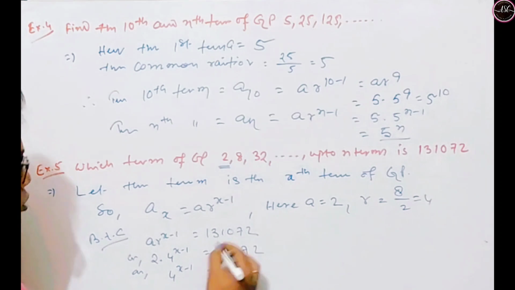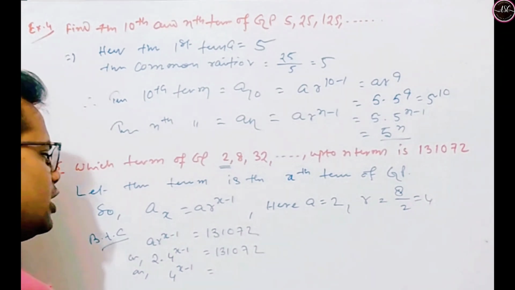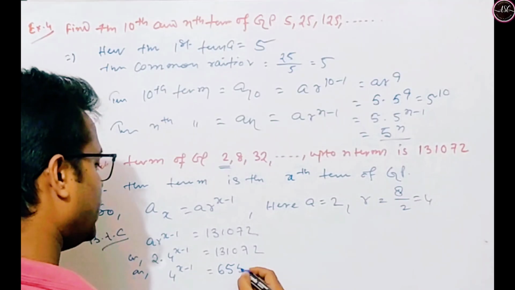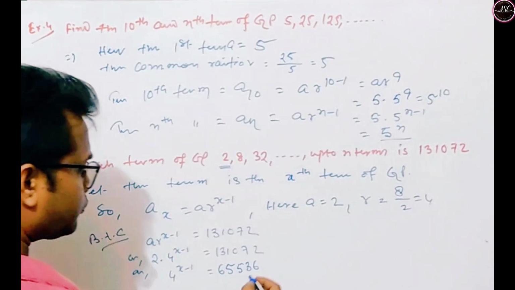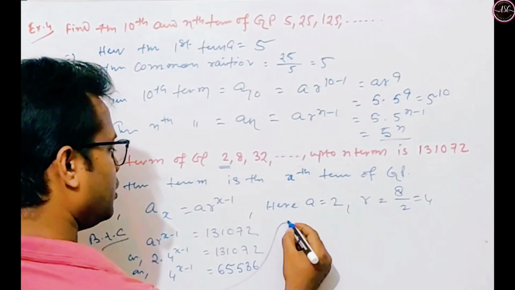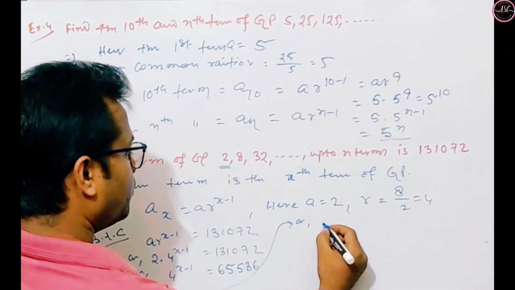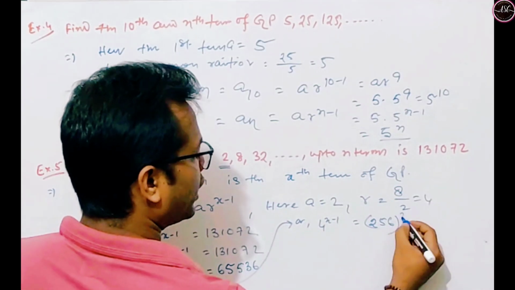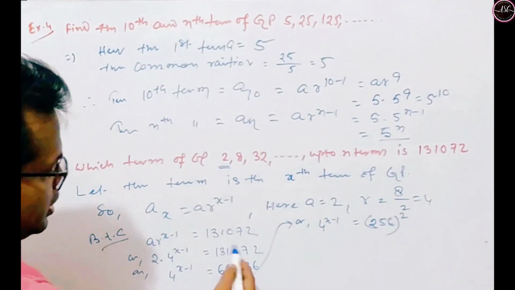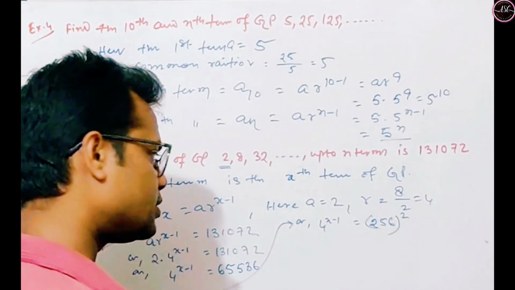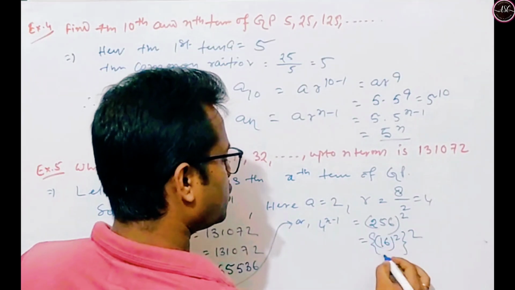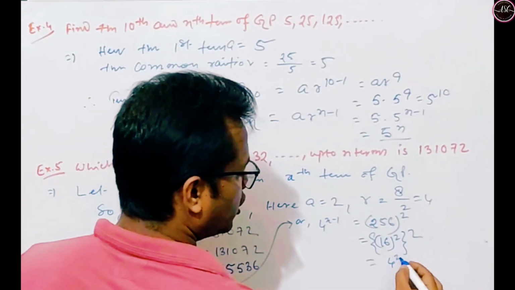So 4 to the power x minus 1 is equal to 131072 divided by 2, that means 65536. Or 4 to the power x minus 1 equal to 256 square. This is the whole square of 256. 256 is the square of 16, and 16 is the square of 4.